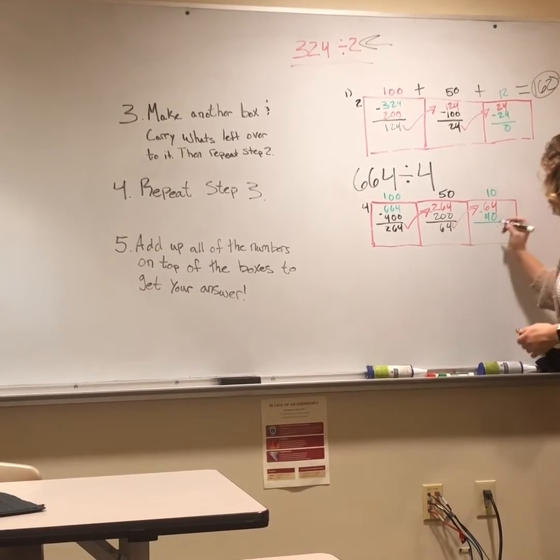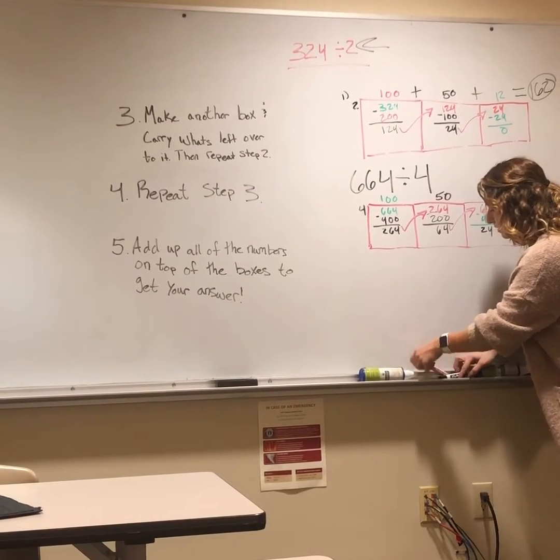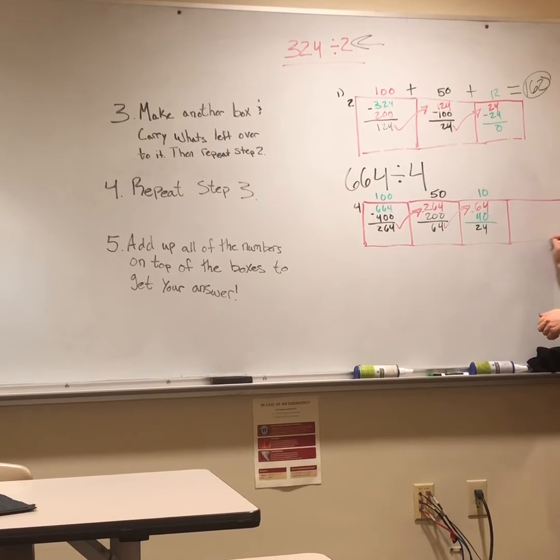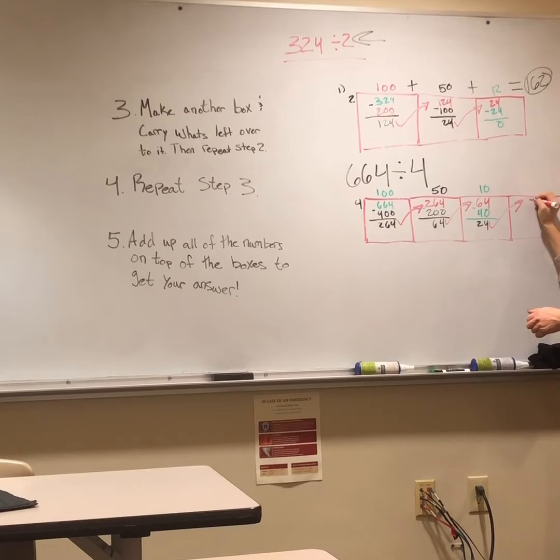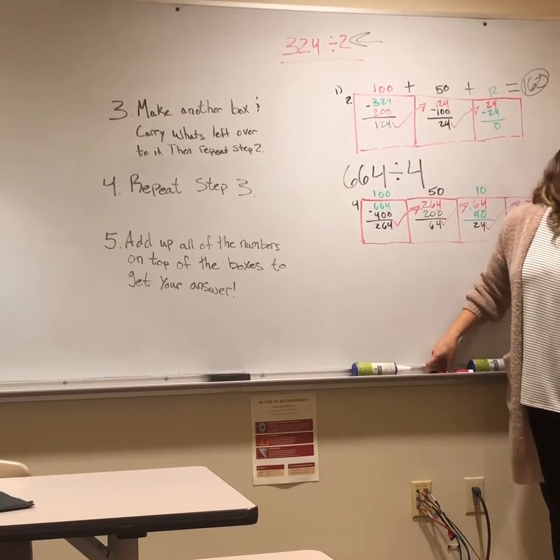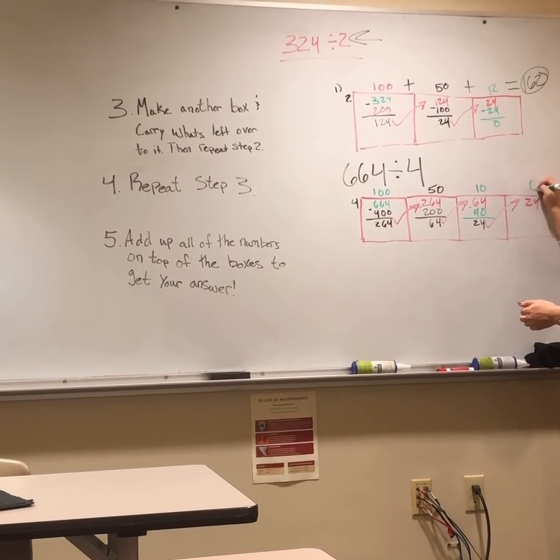And then we're going to do, this is 24. We're making one more box and moving our 24 up to the top of that box. And then how many times does 4 go into 24? And that would be 6 times.